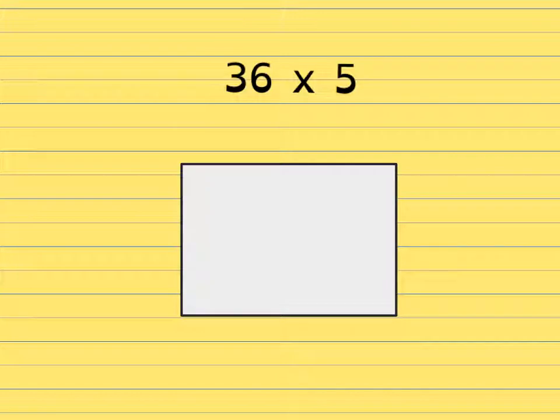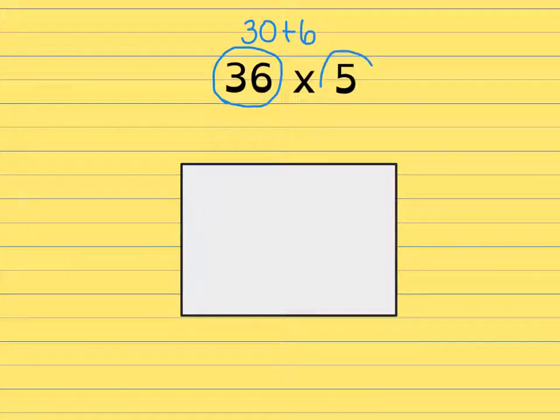We use the rectangle method to multiply large numbers together. Our first problem today will be 36 times 5. Looking at 36 times 5, in order to use the rectangle method, I need to expand out any of the larger numbers. 36 is a 2-digit number, which means I need to expand it out into 30 plus 6.